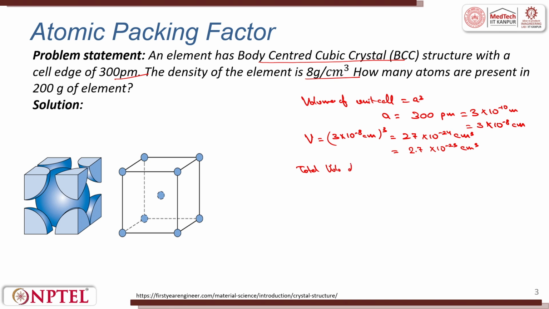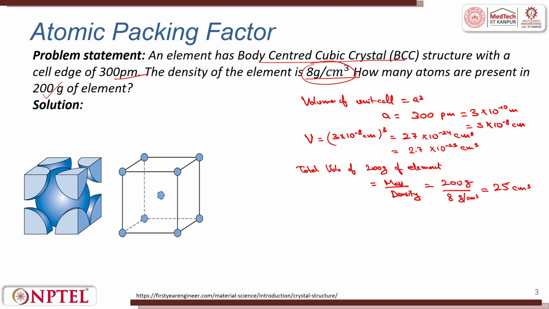So the total volume of 200 gram of element is equal to mass by density. This is equal to 200 grams, which is given here, and density is 8 grams per centimeter cube. So this gives me 25 centimeter cube.